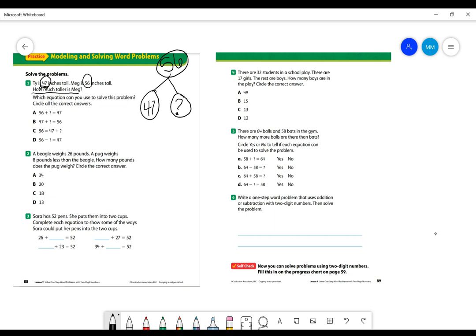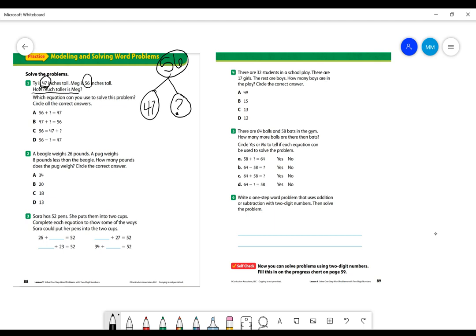So looking at our number bond, I want you to look over here and let's figure out which equations would help us figure out how to find how many inches taller Meg is. So 47 is a part. We have a missing part and our whole is 56.